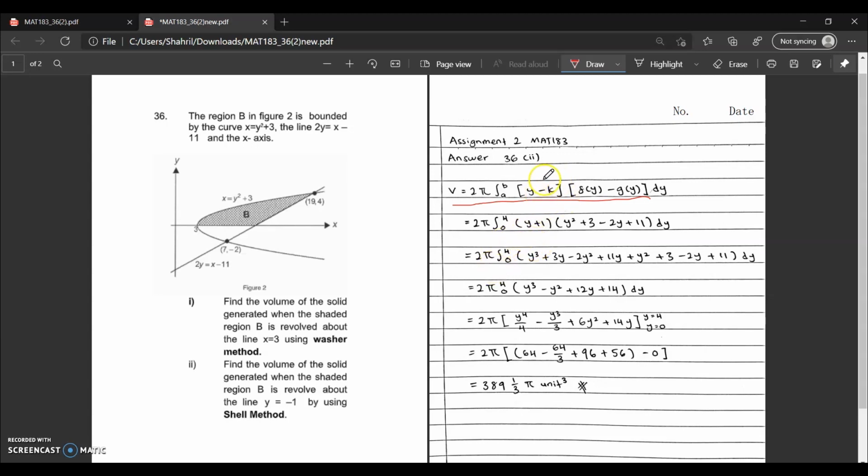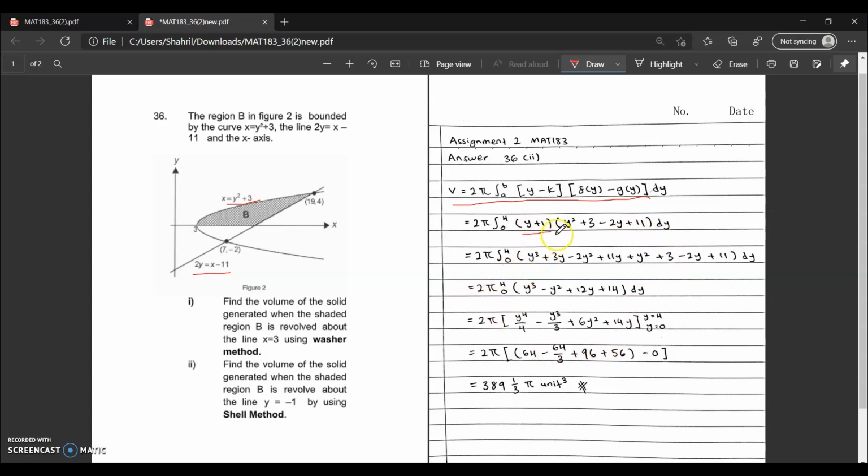So what is k? k is minus 1. y minus minus 1 equal to y plus 1. And then f(y) is y square plus 3 minus g(y). g(y) is 2y equal x minus 11, that means 2y plus 11. And then dy.